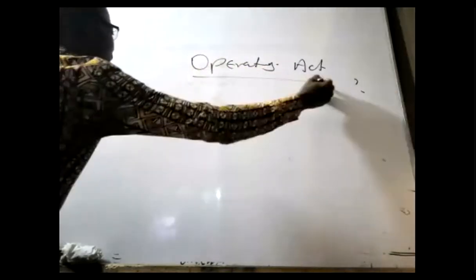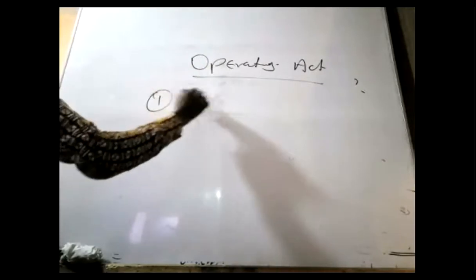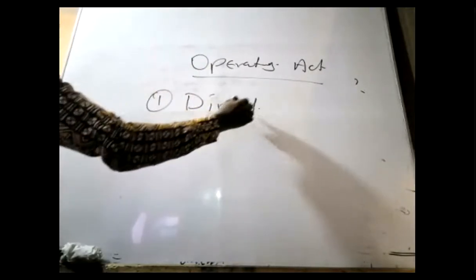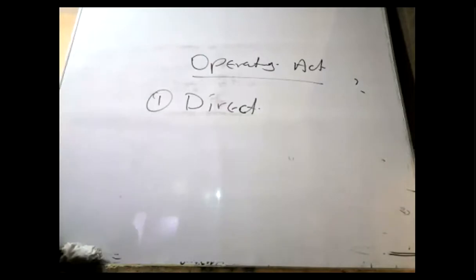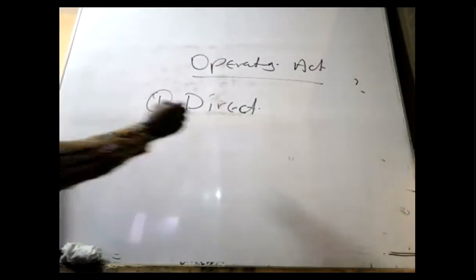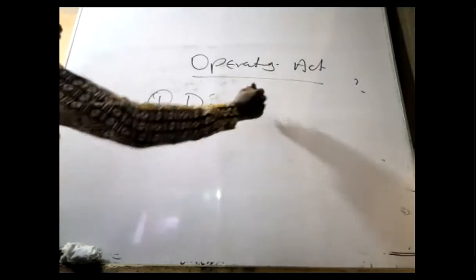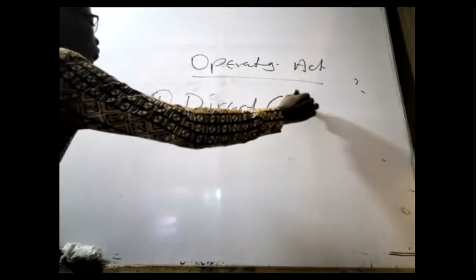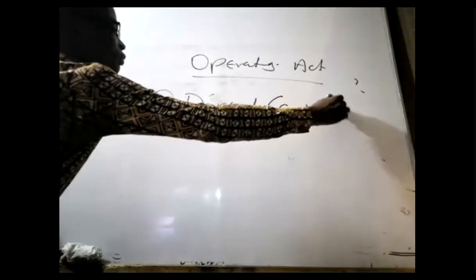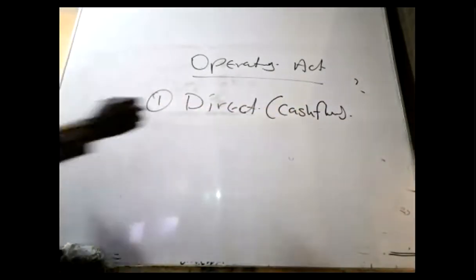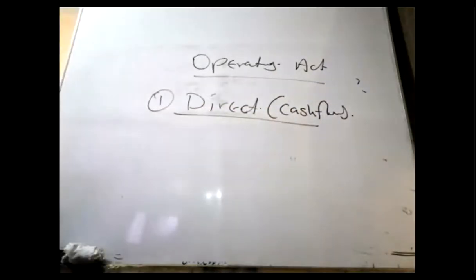Now, with operating activity, there are two methods. We have one, the direct method. As the name suggests, direct method. Direct, everything is what? Direct. Here we use what we call direct cash flows. That one uses direct cash flow.